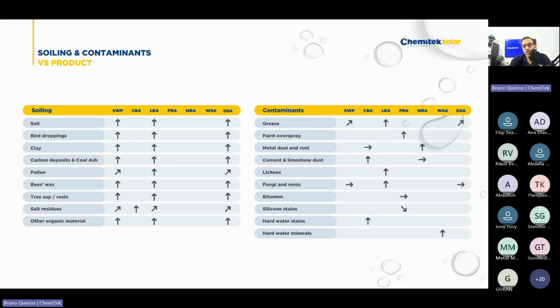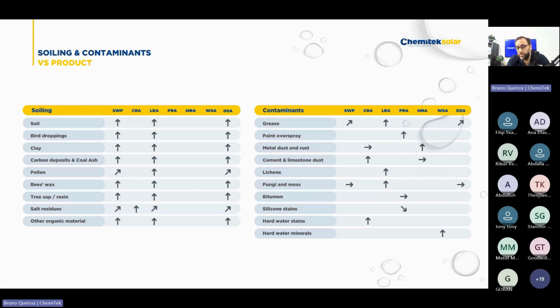Some specialized problems like bitumen and silicone stains can be solved partially with a paint removal agent, but those can be quite hard to make work because they are very strong contaminants.